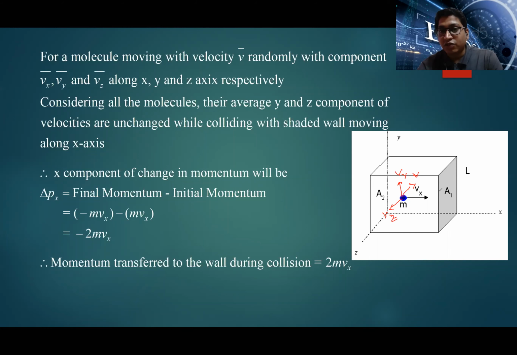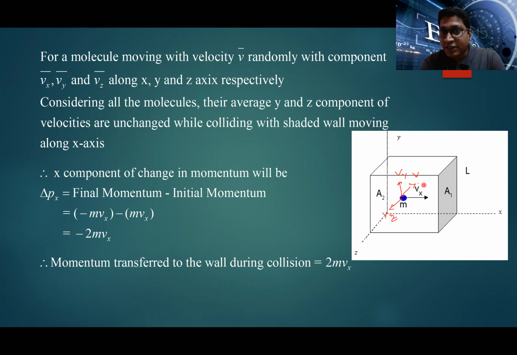So this molecule is going to collide with the wall with the speed v. During that process, as you can see, since the molecule is moving along the x-axis, there will be no change in the y component and the z component. So vy and vz are going to be unchanged. Now, what is going to happen with vx?